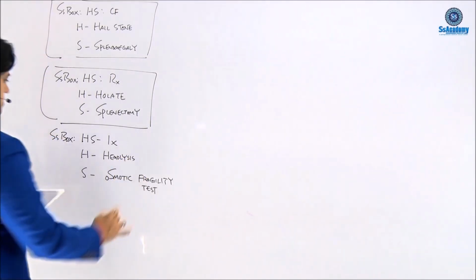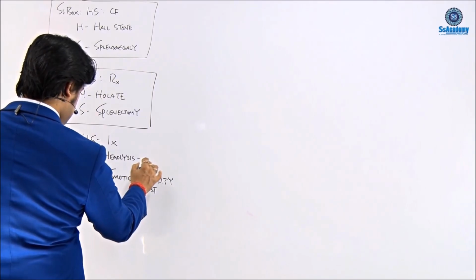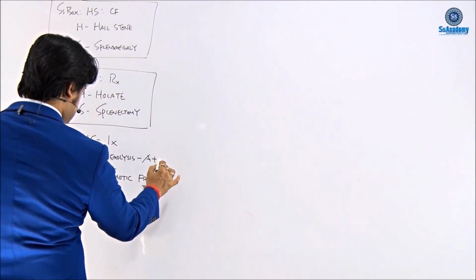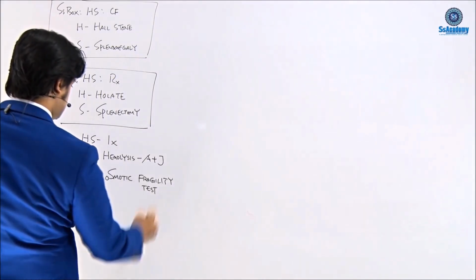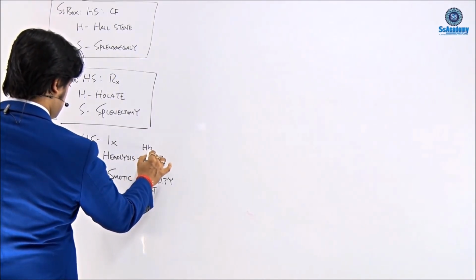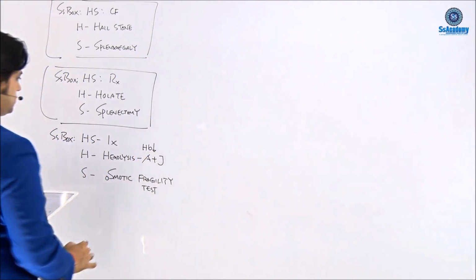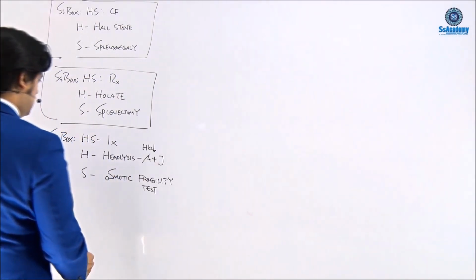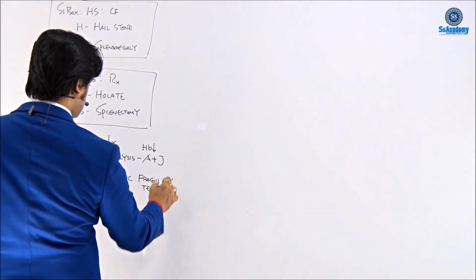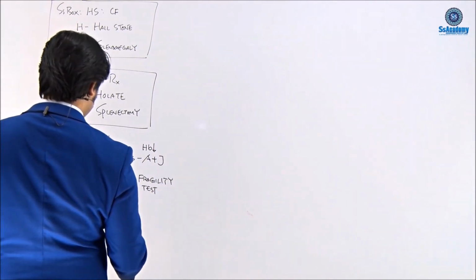Hemolysis means, as we already talked about, anemia plus jaundice. The hemoglobin will be low, and especially we get a normocytic normochromic anemia. And of course, with jaundice the bilirubin will be high.